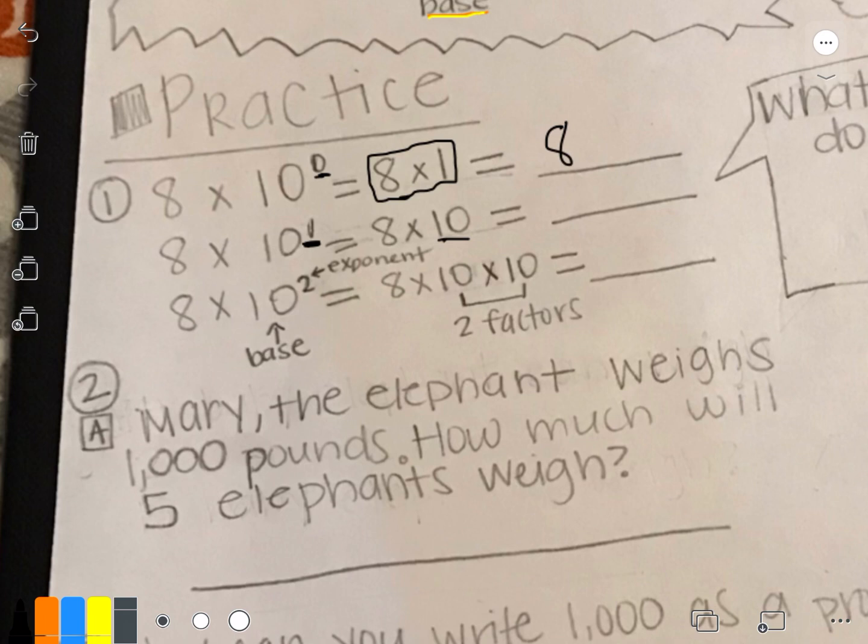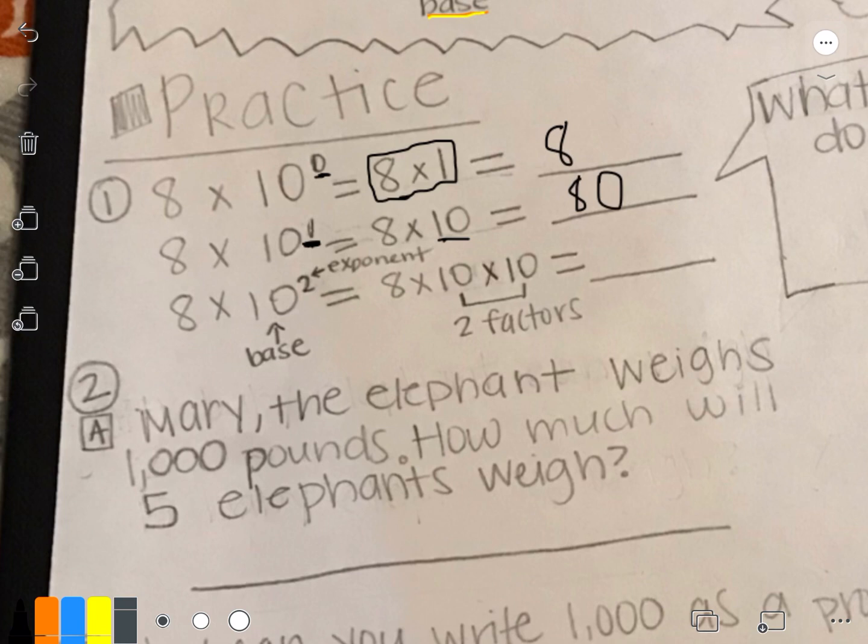Well, what is 8 times 10? Most of you know that pretty quickly. It's 80. 8 times 10 is 80. Now, if you think back to that little tip or trick I told you, the exponent tells you how many zeros to put in your final answer. That exponent is 1. How many zeros do we have in our answer? 1. 80. Beautiful. So let's move on to question number 3.